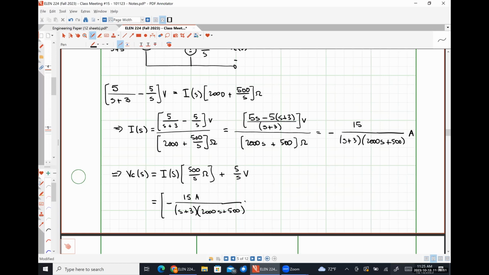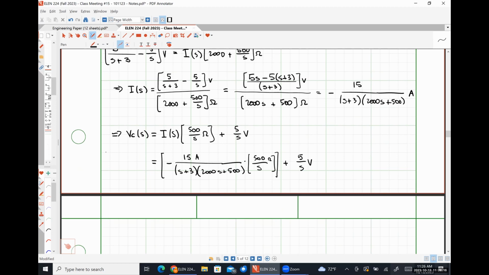Multiply this by 500 over S. Have units of ohms there, so this is a voltage. Plus 5 over S volts. Are we okay to this point where I'm literally just doing substitution of things?